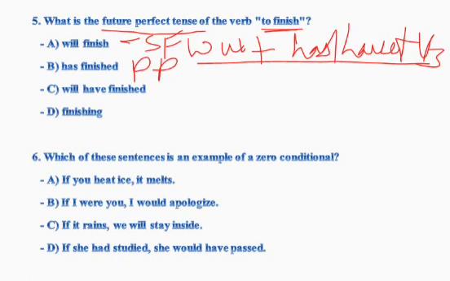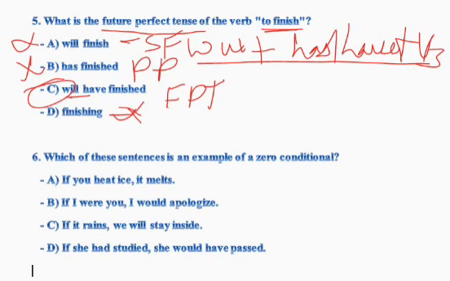"Will have finished" is future perfect tense. "Finishing" is a gerund form, so this cannot be the answer. So the answer is this one. This fulfills the criteria we have stated here.